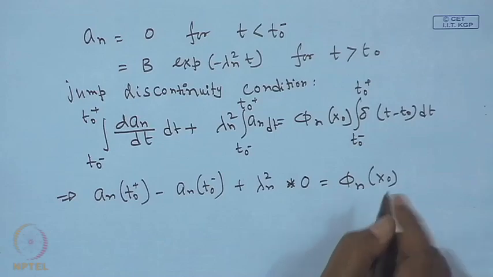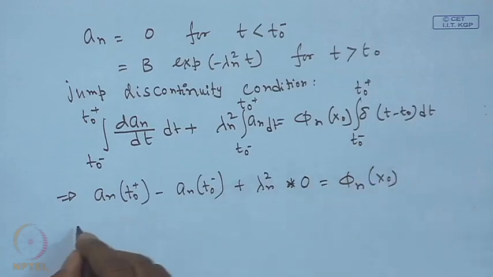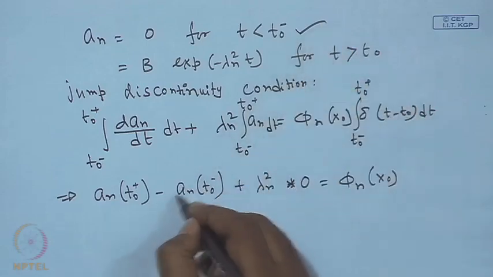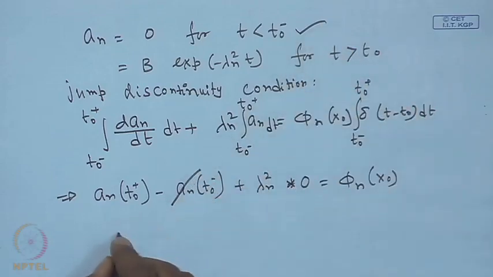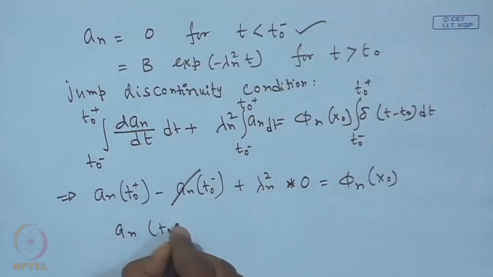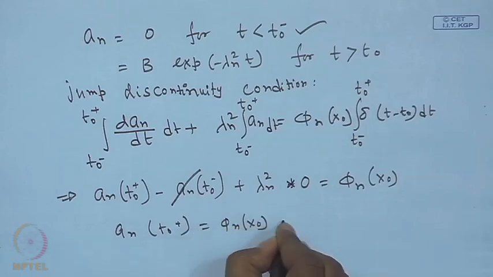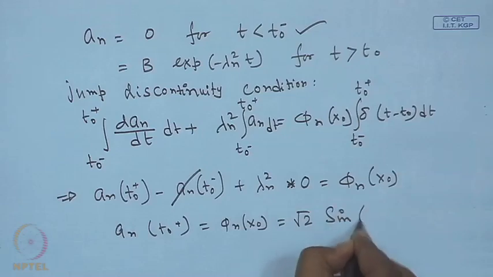It will have a value 1 because it is a unit impulse, and A n t 0 minus we have already seen is equal to 0. So, this value will be equal to 0. So, A n t 0 plus should be equal to phi n x naught. So, that will be root over 2 sin n pi x.